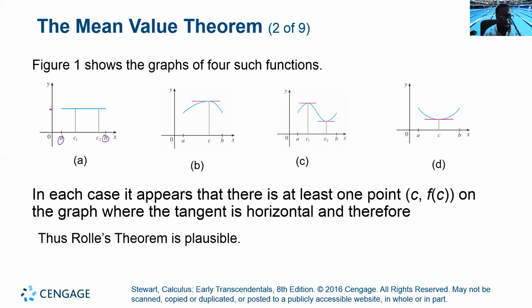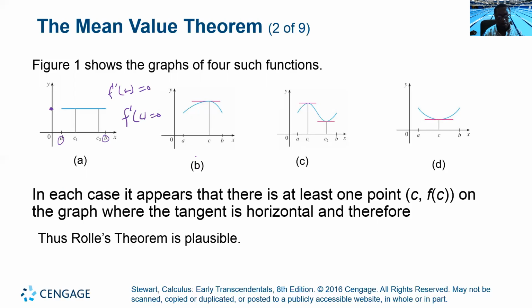So it means that there is a c1 or c2 within the interval (a, b) such that f prime of c is equal to 0.